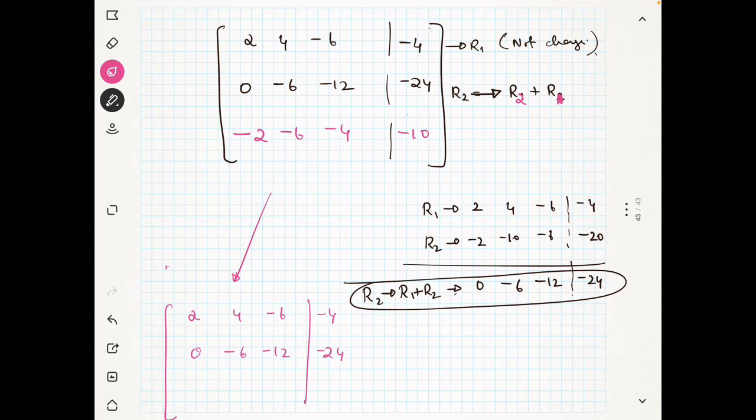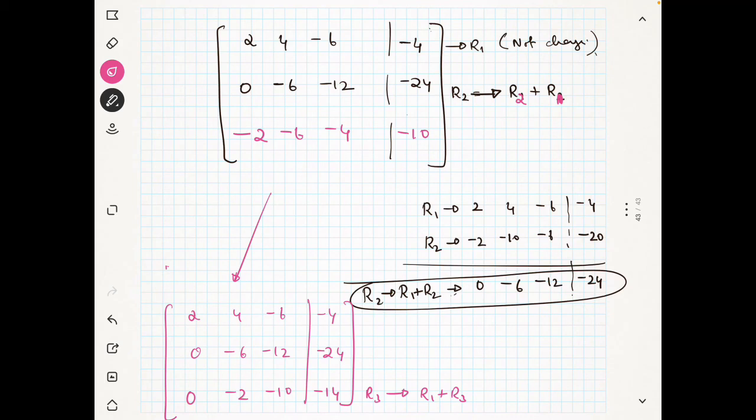We will change row 3 as row 1 plus row 3. So 2 plus minus 2 is 0, 4 plus minus 6 is minus 2, minus 6 plus minus 10 is minus 16, and minus 4 plus minus 10 is minus 14. So you got this. Now I want to cancel some elements.